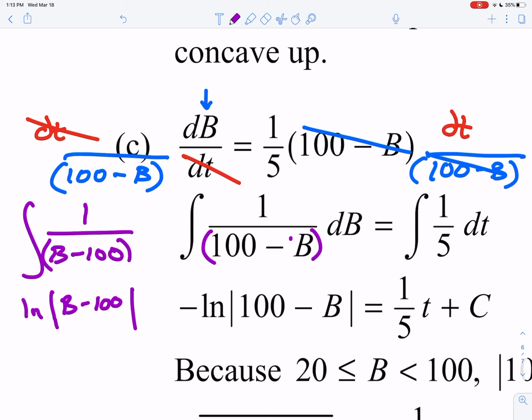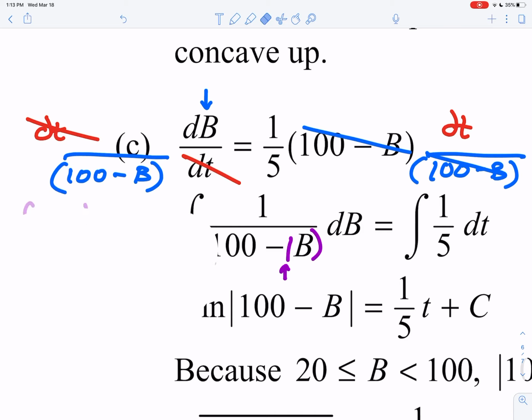Now, it's not simple in this case because there's actually a negative 1 in front of that linear function. So you have to use mental u-substitution. The derivative of the bottom is just negative 1. The reciprocal of negative 1 is just negative 1, which is why you have a little negative out here. So that tends to throw people off. It does pop up very often, so watch out for that.